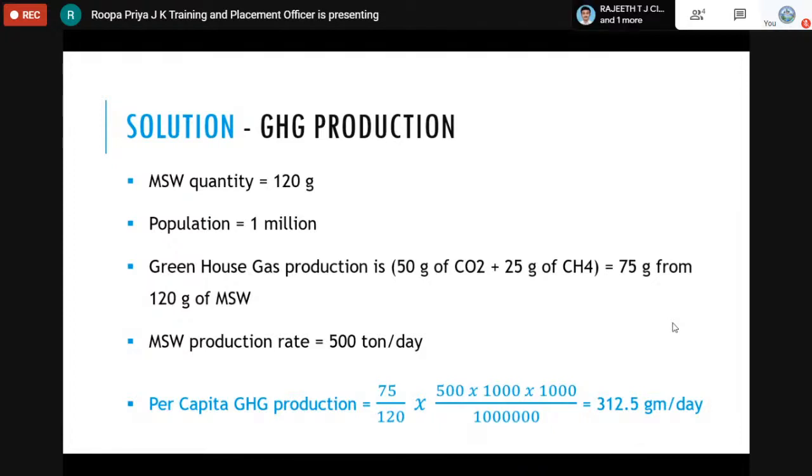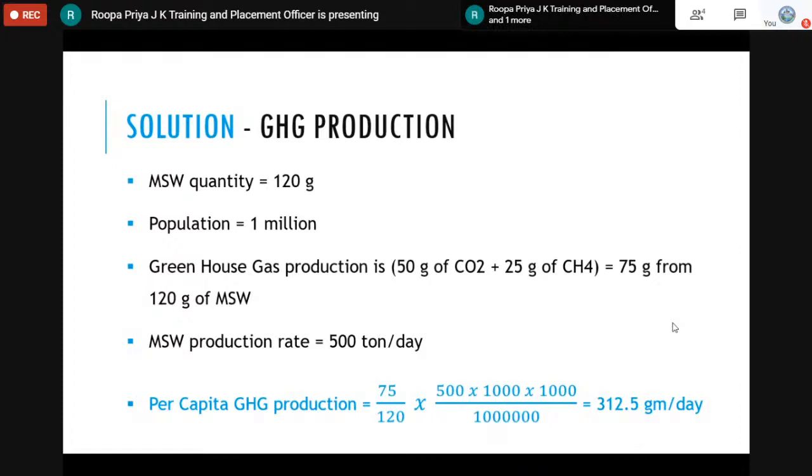Also given, municipal solid waste production rate is 500 ton per day. So using this, we'll have to calculate the per capita greenhouse gas production. We have 75 grams from 120 grams of municipal solid waste, which we have to consider in the calculation. So 75 divided by 120 gives you 75 grams of 120 grams of solid waste.